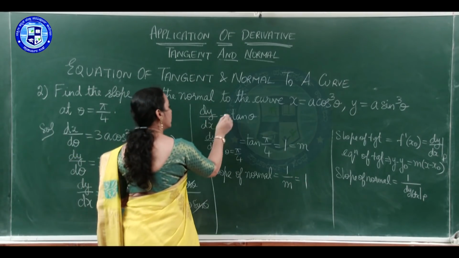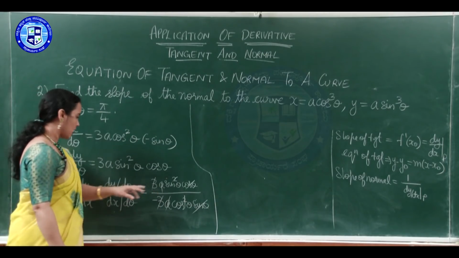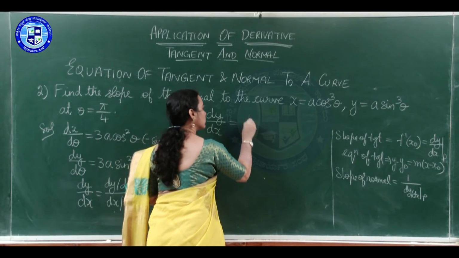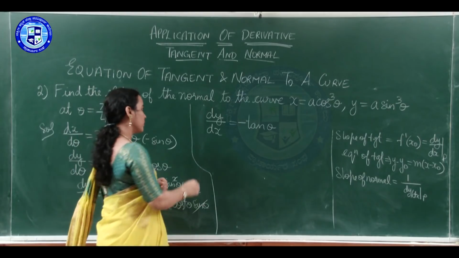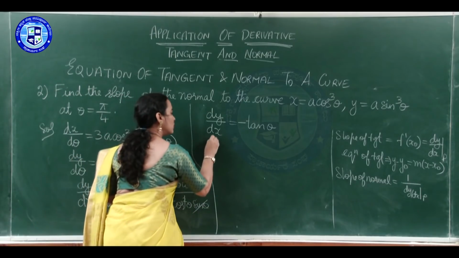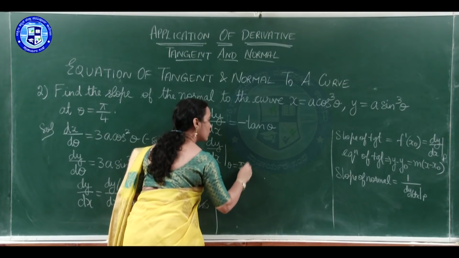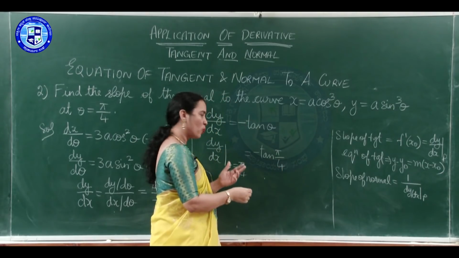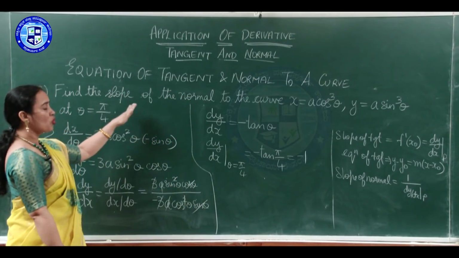Now, here dy by dx will be minus tan theta. So, we got dy by dx as sin theta by cos theta, which is nothing but tan theta, and we have minus over there. So, dy by dx will be minus tan theta. Let us place the point. They have given theta as pi by 4. So, dy by dx at the given point theta is pi by 4 will be minus tan pi by 4. What is tan 45? 1. So, here you will be getting minus 1. You have to find slope of normal.